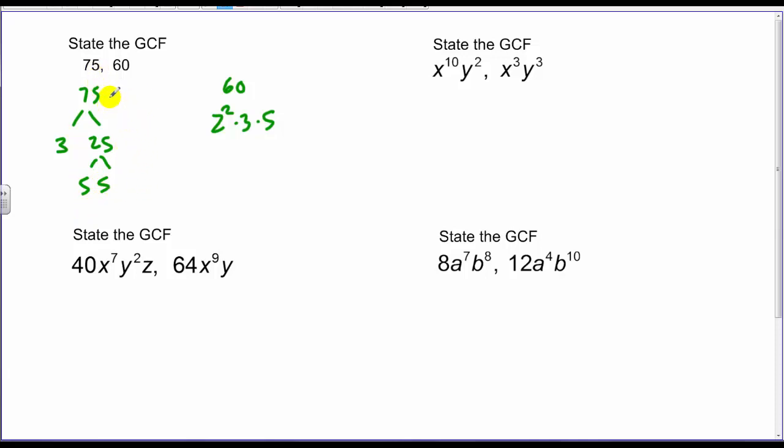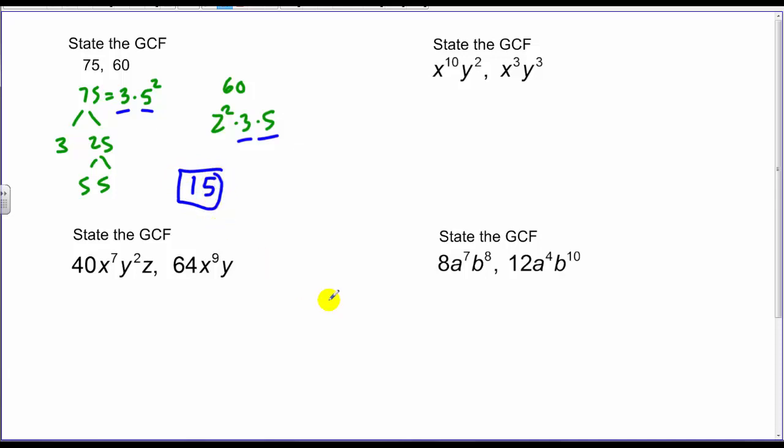So 75 is equal to 3 times 5 squared, and we want to find the largest number such that it goes into the two numbers. You'll notice there's a 5 here and a 5 here, and there's a 3 here and a 3 here. So my greatest factor is the product of the two, or 15.